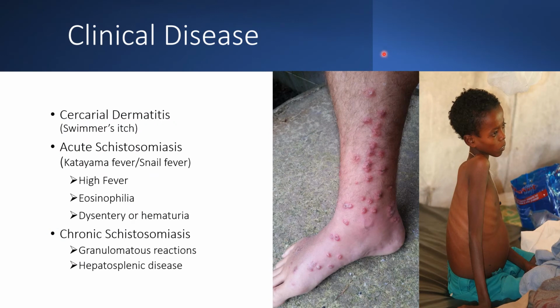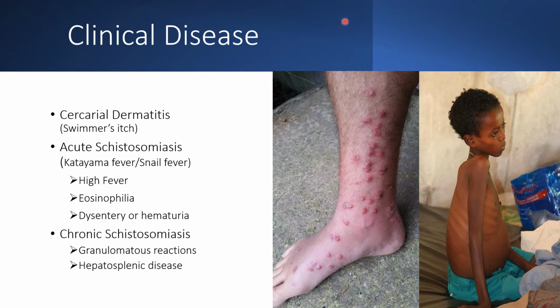The clinical disease manifested by Schistosoma is known as schistosomiasis, or bilharziasis, otherwise known as urinary schistosomiasis for S. hematobium. It was called bilharziasis because it was first discovered by Theodor Bilharz in the cadaver of an Egyptian.